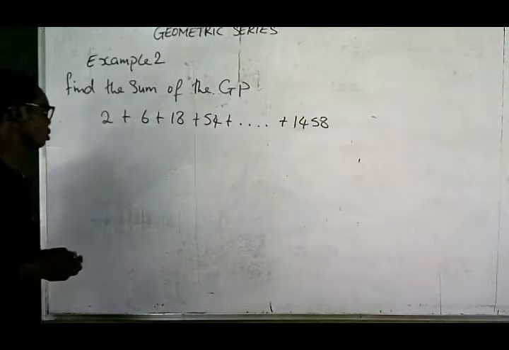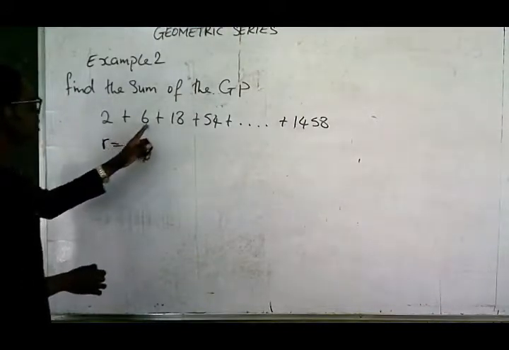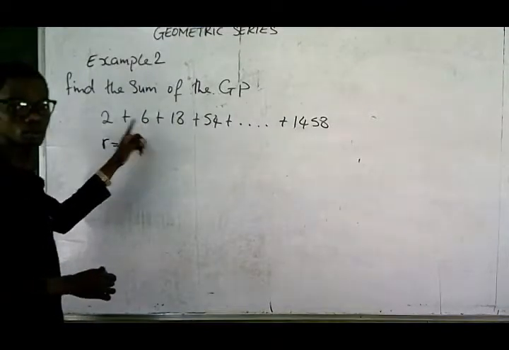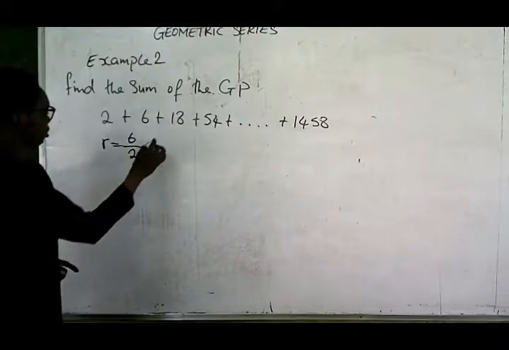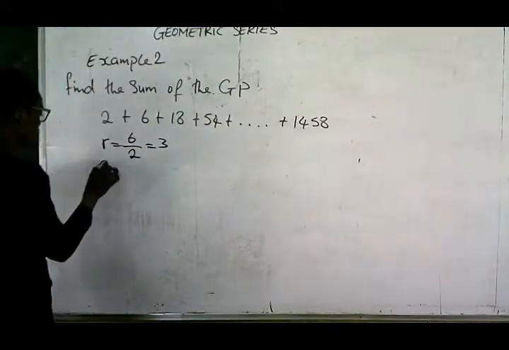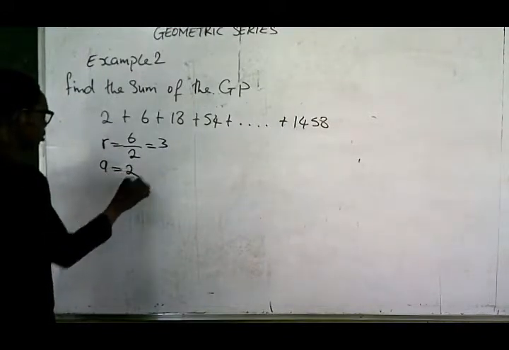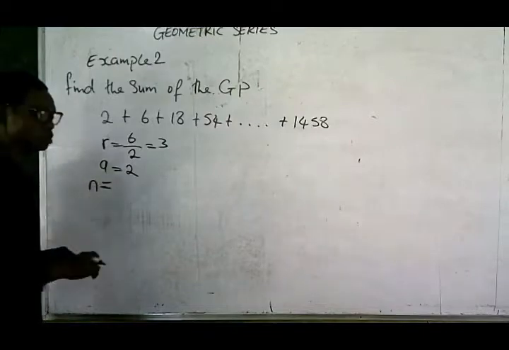Meanwhile, we know the common ratio. Common ratio is, if I take the second number divided by the previous one, 6 divided by 2 gives me 3. So the common ratio is 3. The first term is 2. So n is what we don't know.